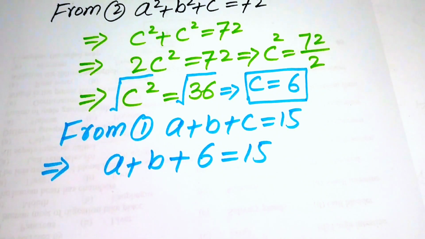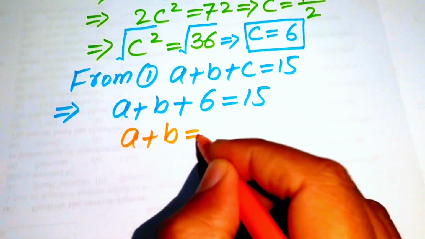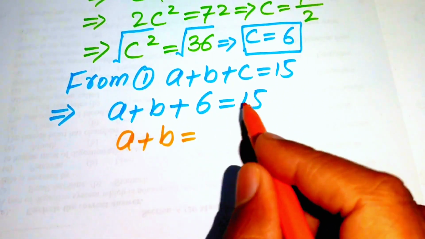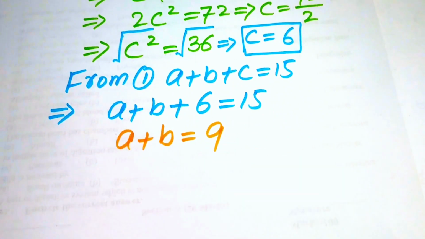Now we move this 6 to the right hand side, and we get a plus b equals 15 minus 6, which becomes 9.